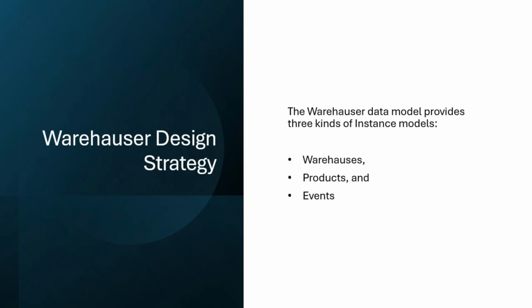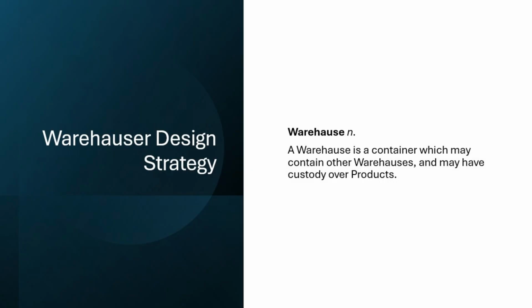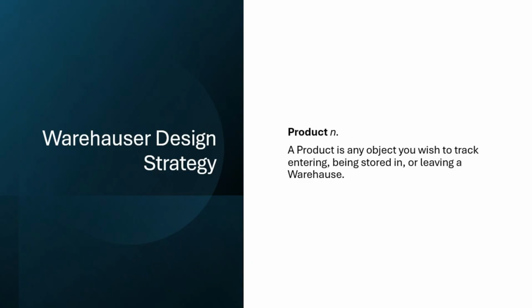Warehouser provides three kinds of instance models: warehouses, products, and events. A warehouse is a container which may contain other warehouses and may have custody over products. Note that this may include entities such as forklifts, conveyor belts, robots, or even persons. A product is any object you wish to track entering, being stored in, or leaving a warehouse.